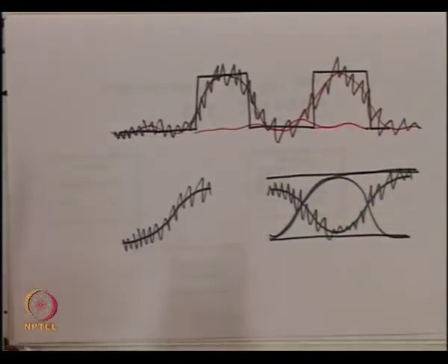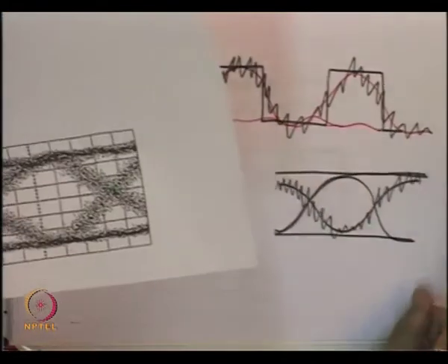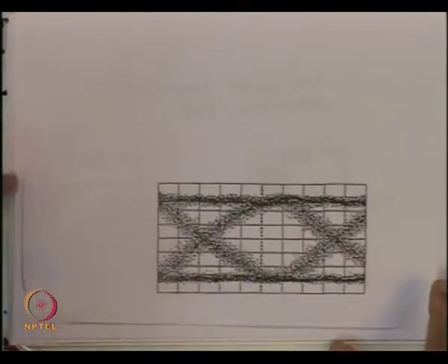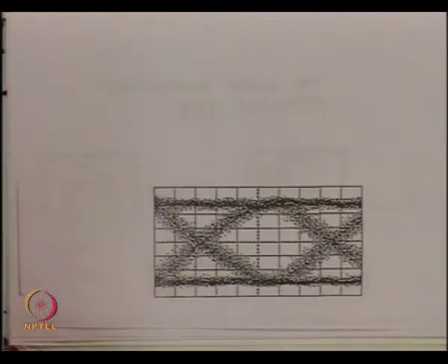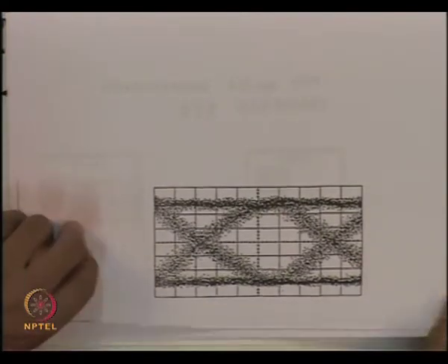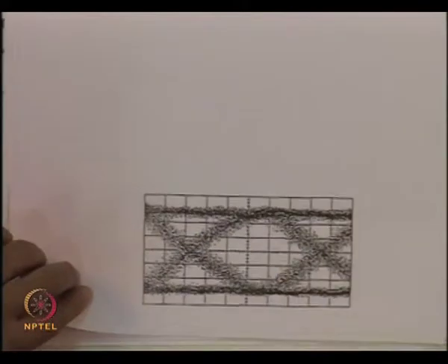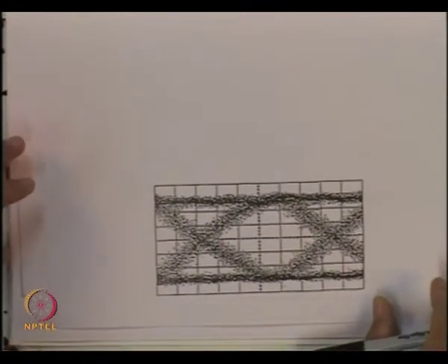So, if we synchronize the oscilloscope with the clock, then we get an output on the oscilloscope which would typically look like that. This is what is called the eye diagram of the receiver.